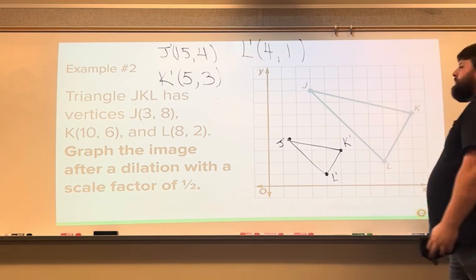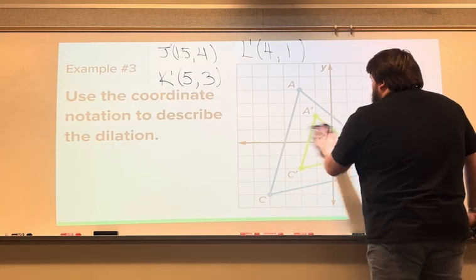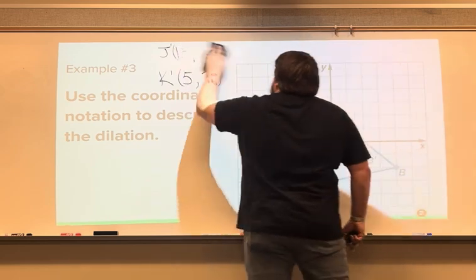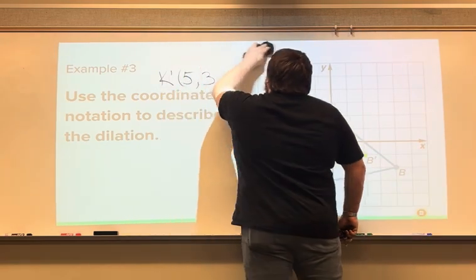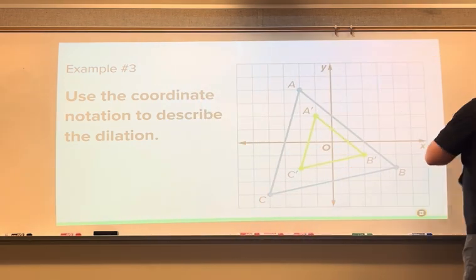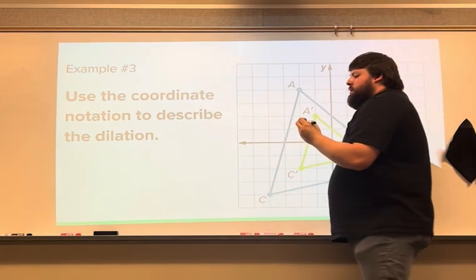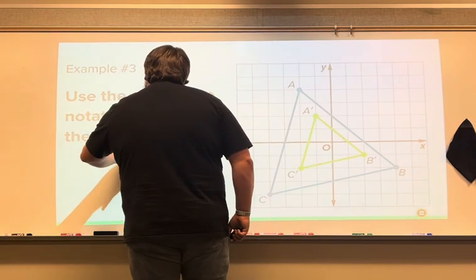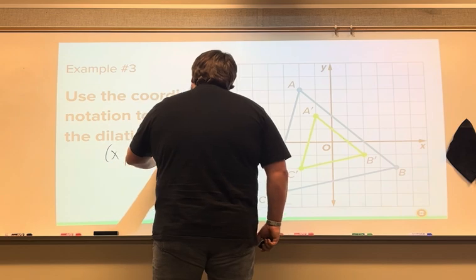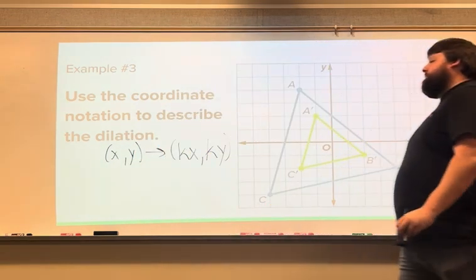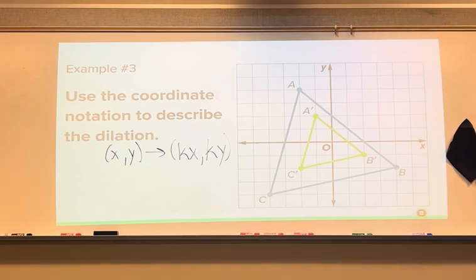Okay. So, next one, we need to use coordinate notation to describe what's happening here. So once again, as I said earlier, whenever we're dealing with dilation, we are just doing x, y goes to k times x and k times y, okay? So I need to figure out what k is. So I'm just going to look at 2 of these points.